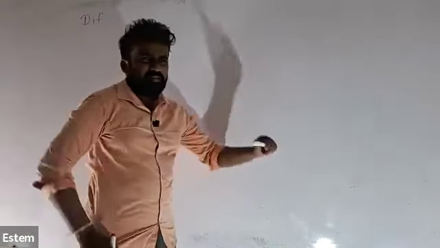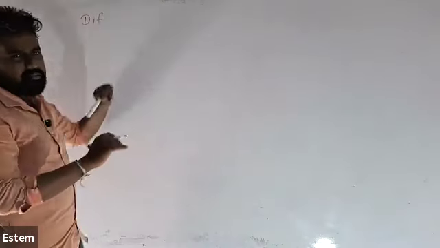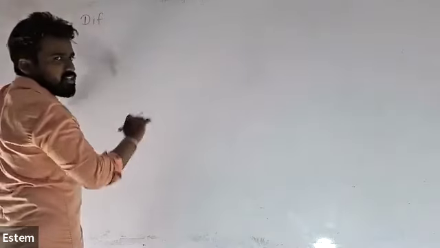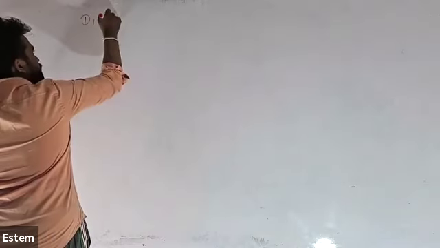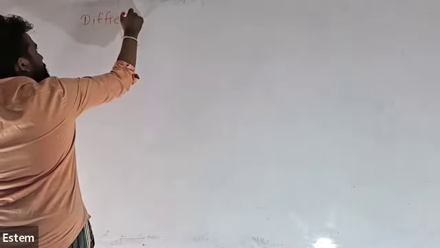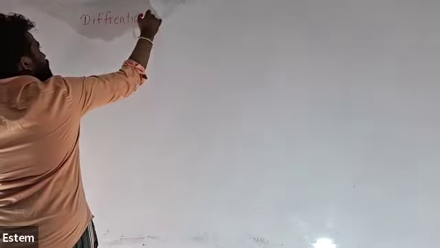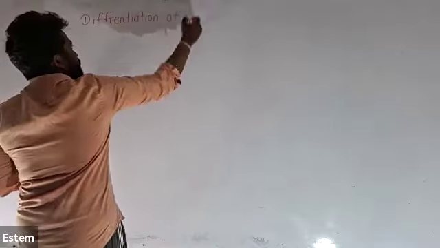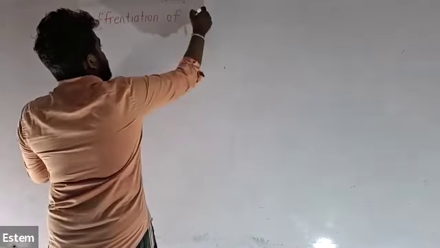Then write the topic: differentiation of implicit functions. I think if you like, write it with a red pen, but it's optional. No? It is optional. Differentiation of implicit functions.